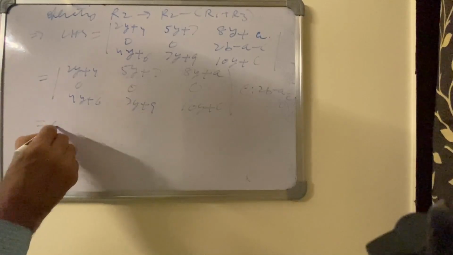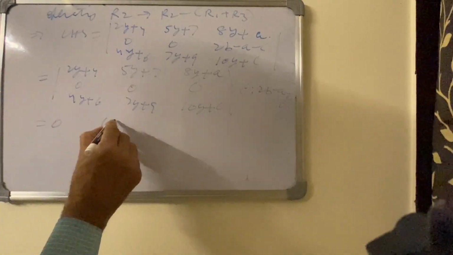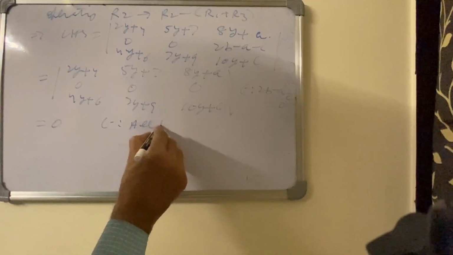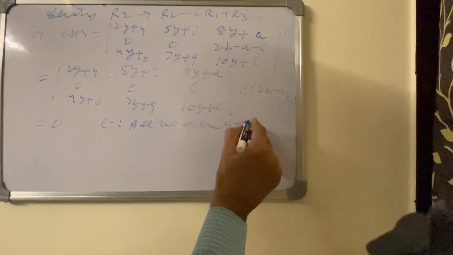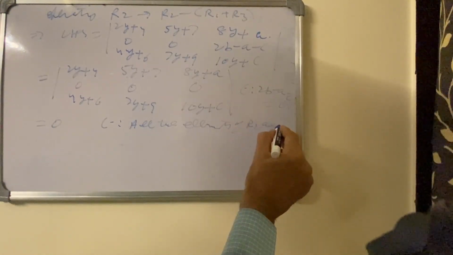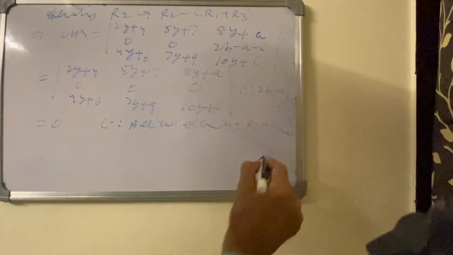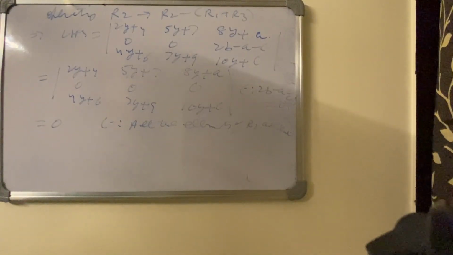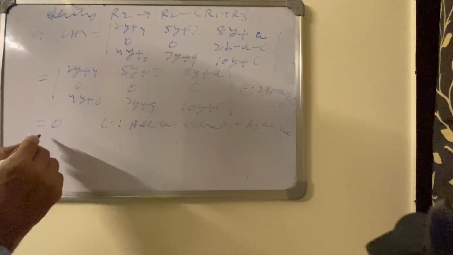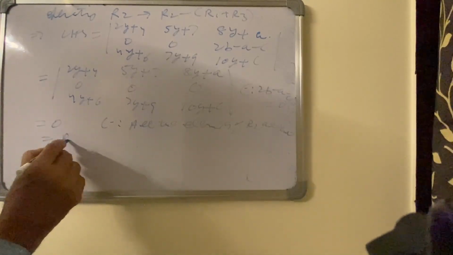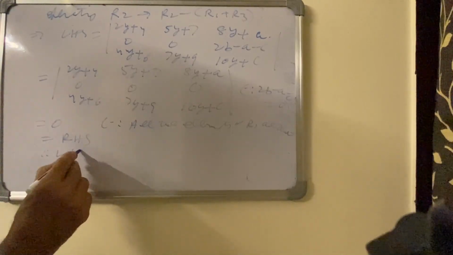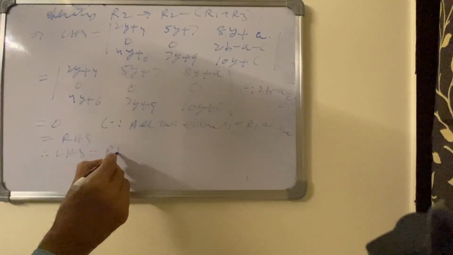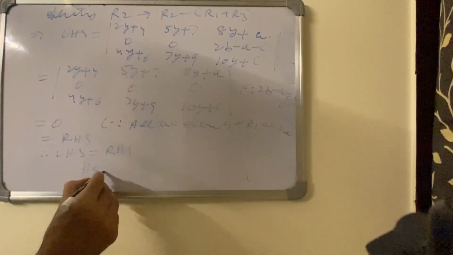So this is 0 since all the elements of R2 are 0. When all the elements of any row or column are 0, then the value of the determinant is 0. Therefore, this is equal to right hand side. Therefore, left hand side is right hand side. Hence, proved.